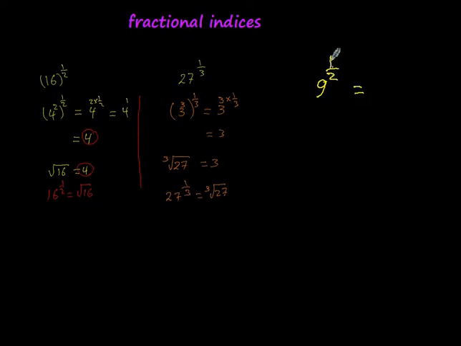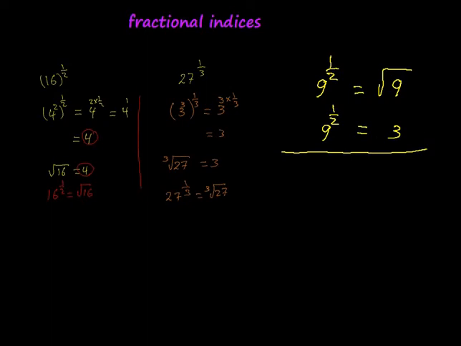So whenever you have a fractional power, you need to think about the root. So here inside the root, we will have 9, which is the base. And here we have the square root, but we don't write the 2. So it will be the square root of 9, which is 3. So 9 to the power of 1 over 2 simply equals 3.